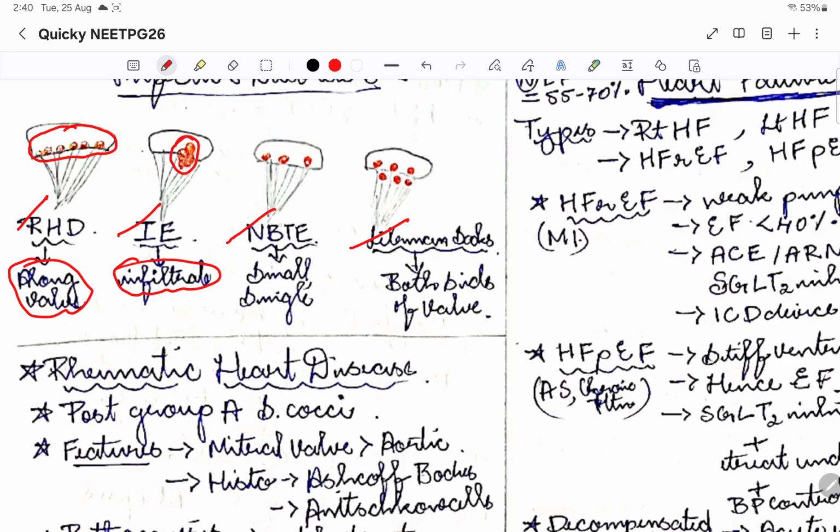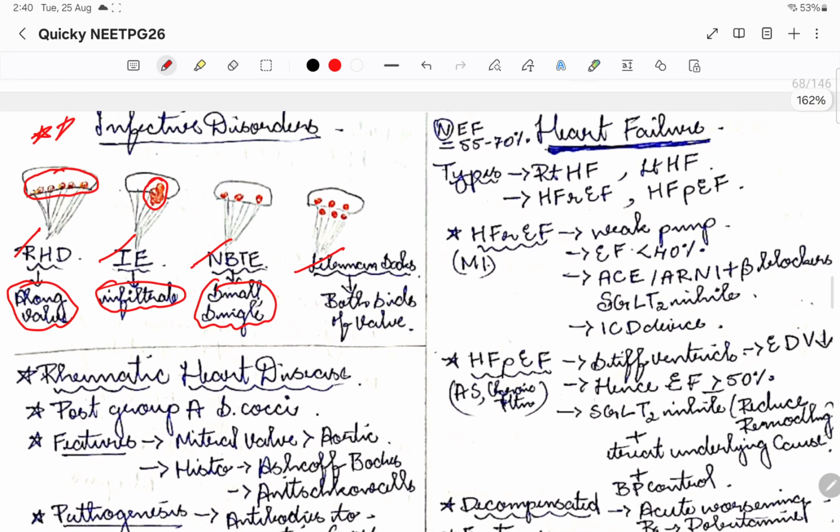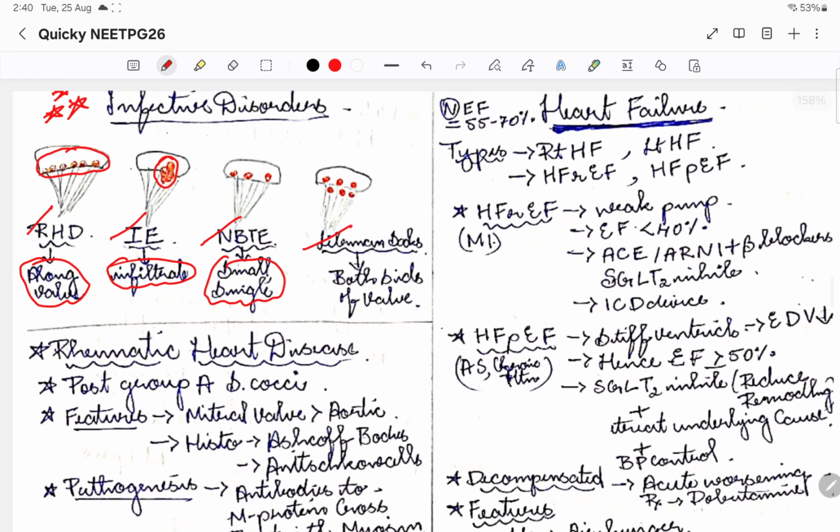In NBTE it is going to be small and single, whereas in Libman-Sacks it is going to be on both sides of the valve. This is very important. This is a previous year question, so please remember this.